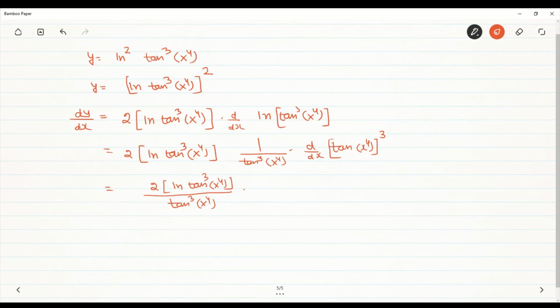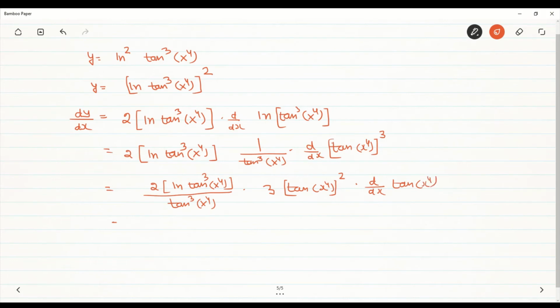So the outer function is x cube, so the derivative should be 3x square, which means 3 times tan x4 and then square, because the derivative of x cube is 3x square. So this is done. Now it further goes as the derivative of tan x4.